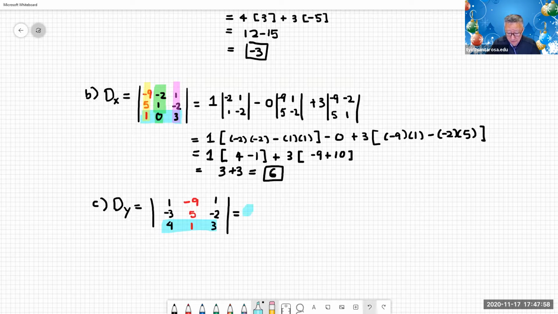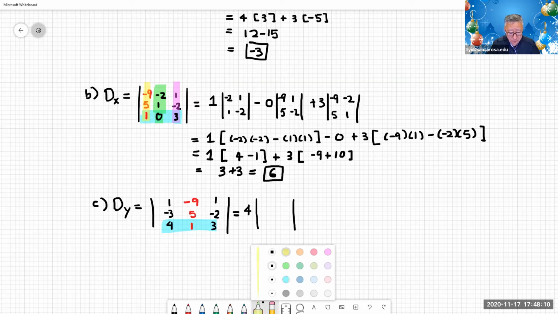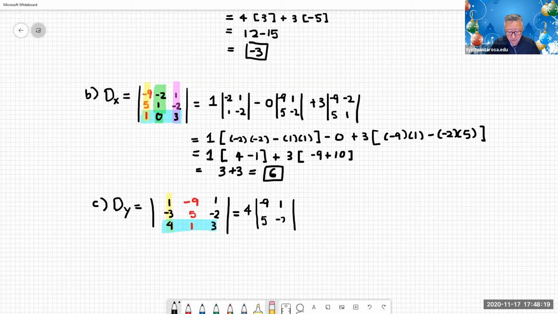Oops, sorry. So the 4, that means the first column over here. And the remaining here is going to be minus 9 and 1 and 5 and minus 2. Second is going to be the minus times 1. We're just going to have to do another calculation in the middle there.